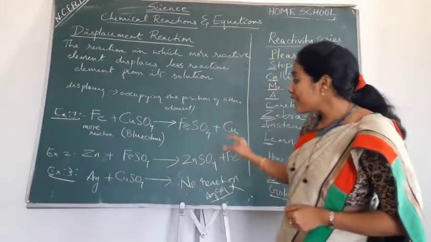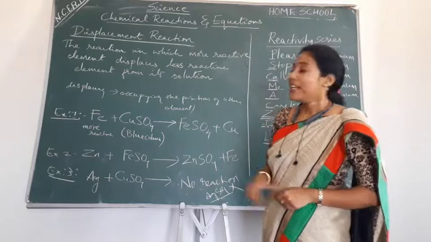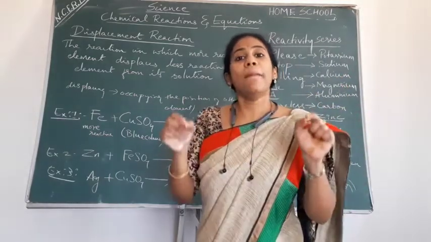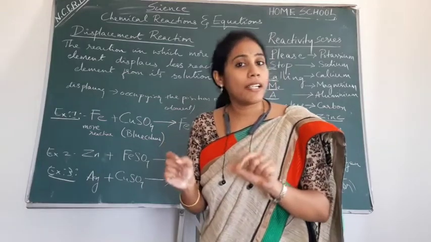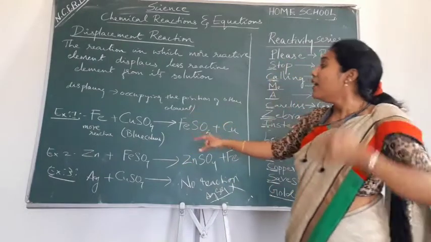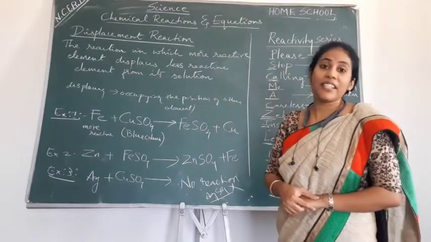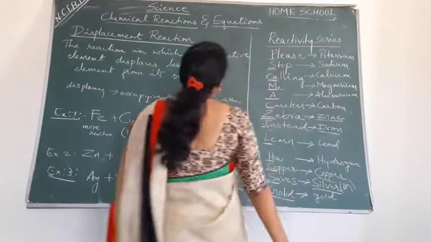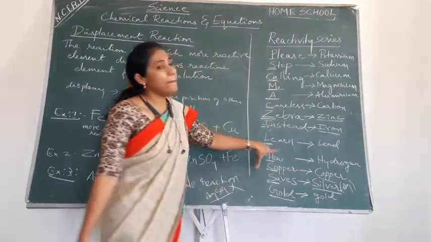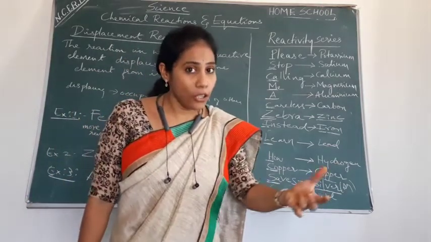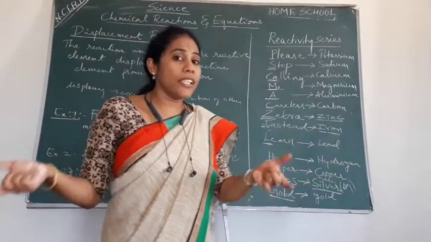Okay, so this is how questions can be asked. They will give you certain reactions and ask which among them is a displacement reaction or not. So you should carefully check how a displacement reaction can happen. Compulsorily you should remember the reactivity series, because you should decide which element is more reactive than which.